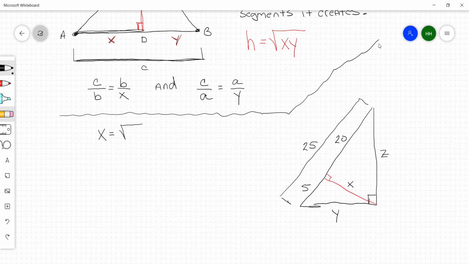The square root of 20 times 5? So x equals the square root of what? 100. And what does that equal? That's 10. So your x is equal to 10.